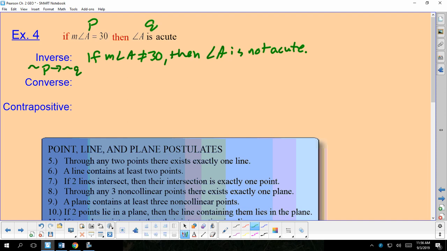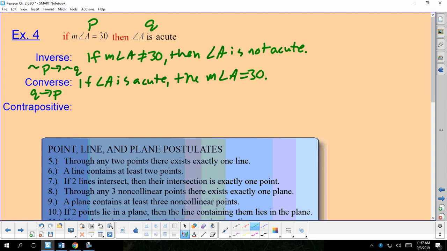The converse, that is Q then P. So if angle A is acute, then the measure of angle A equals 30. So we flip our hypothesis and conclusion.